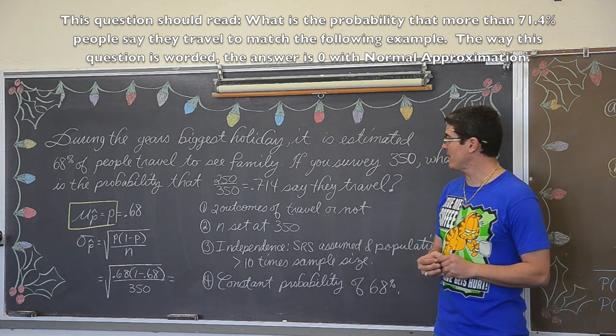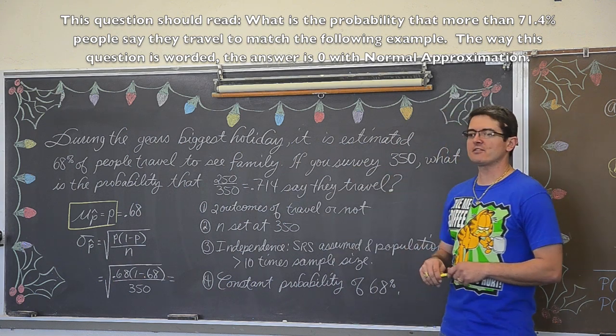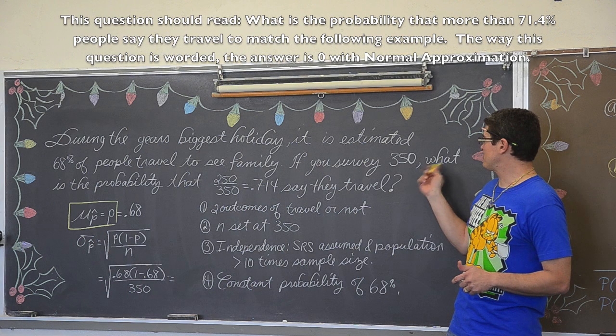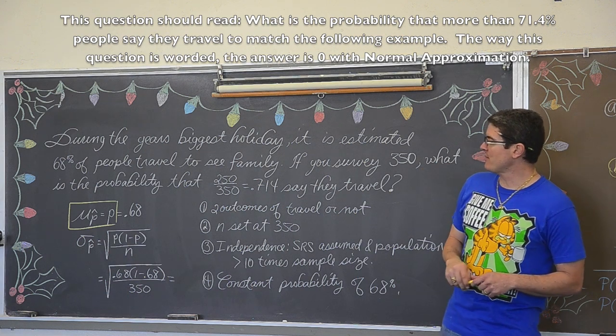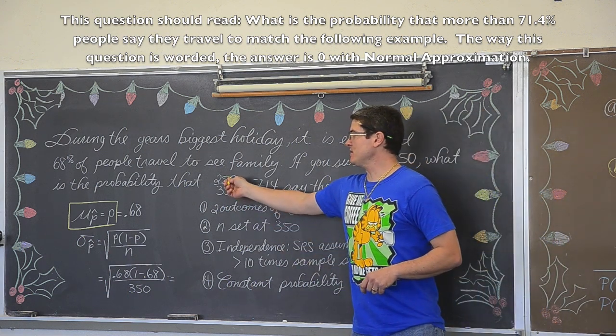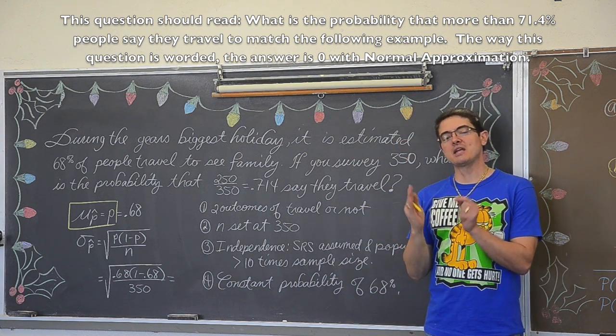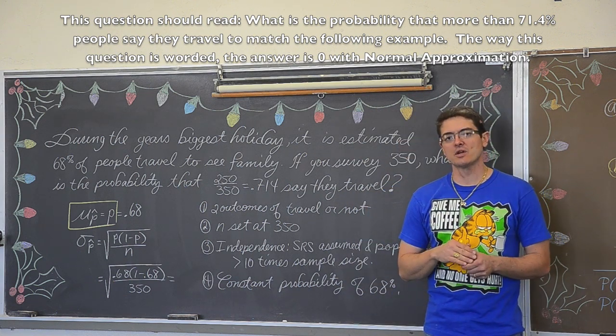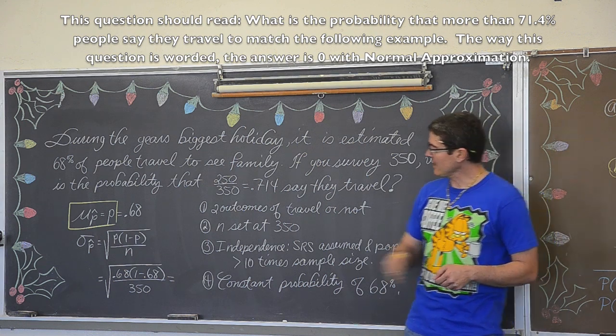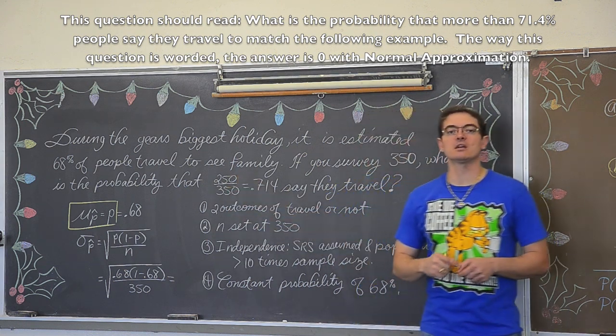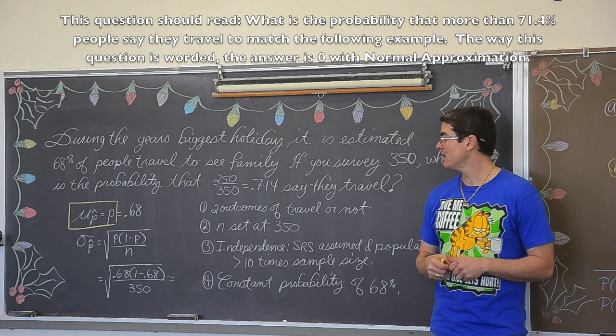I just made these numbers up, by the way. If you survey 350 adults, or just people in general, what is the probability that, now I'm doing the 250 over 350 because I'm just taking the count value that I had in the original example, and I'm dividing it by 350 to convert it into percents.